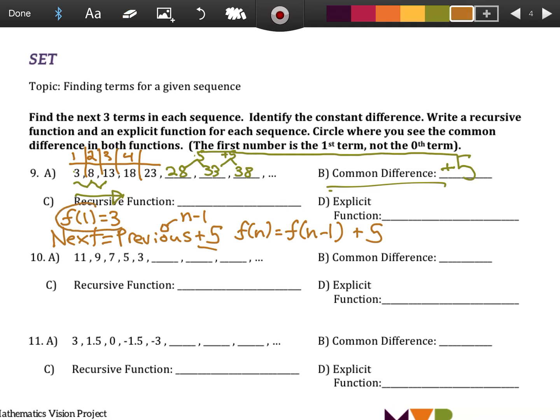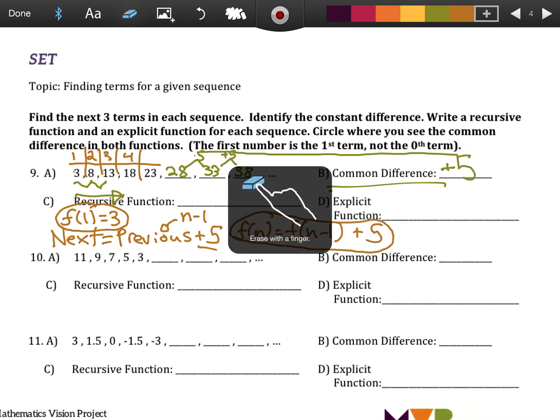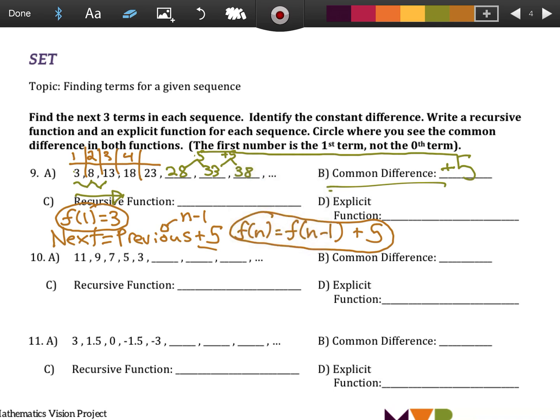We need f of 1 is equal to 3, and f of n equals f of n minus 1 plus 5. So notice I worked from the very first term. I started to write down words that expressed what was going on, and then I fell back on how the function should look. So those 2 work.